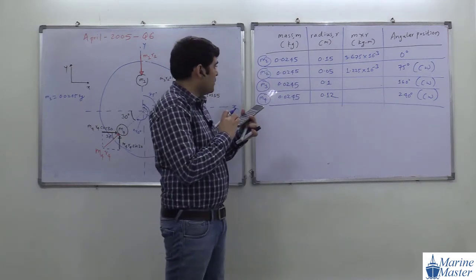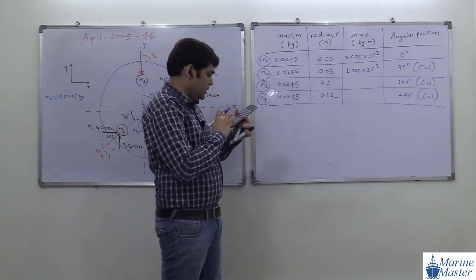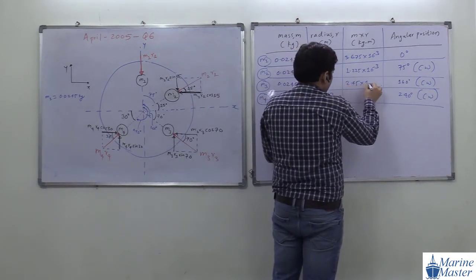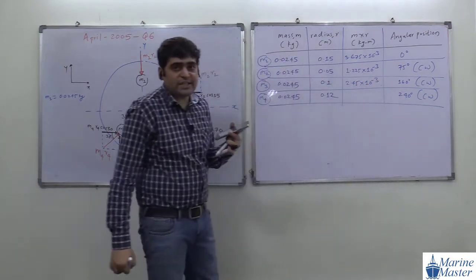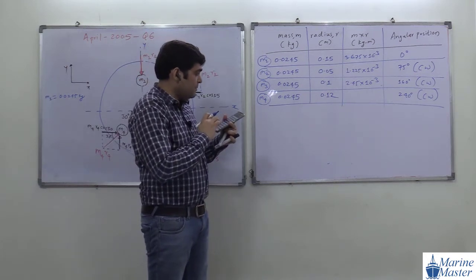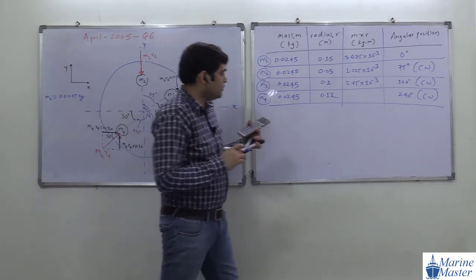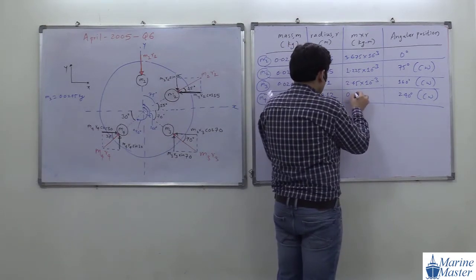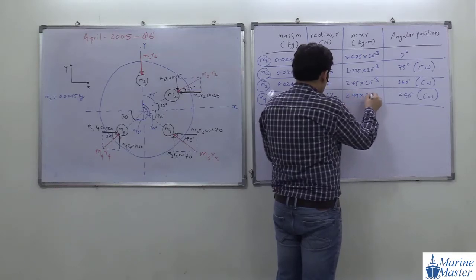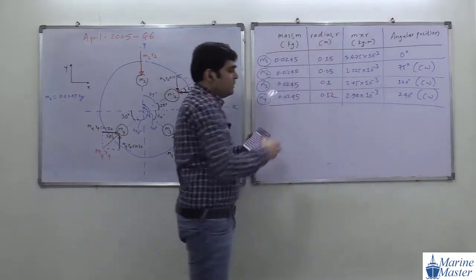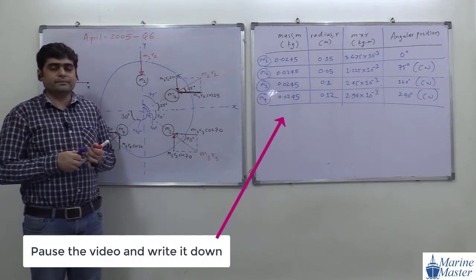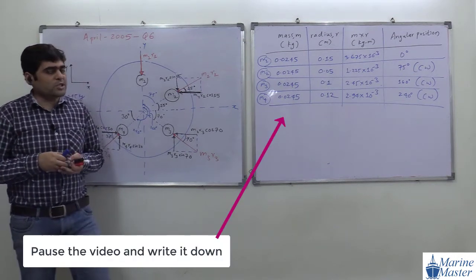Then 0.0245 into 0.1, 2.45 into 10 raised to the power minus 3. Okay, everyone please check it out. Please do the calculation with me. Then 0.0245 multiplied by 0.12. Please everyone complete this table first of all before going further. Please write down the things properly. Your notes must be in good format.